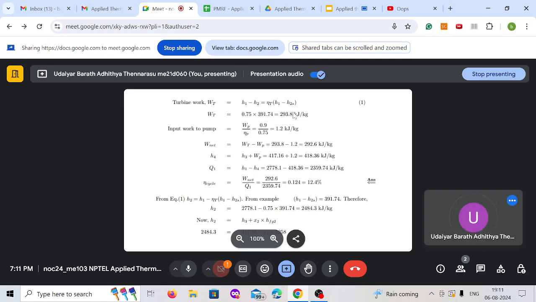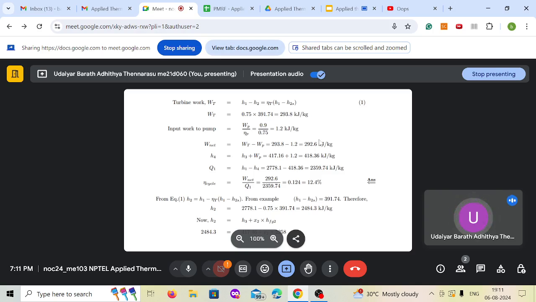So now we know the enthalpy at the boiler inlet, and the exit is the saturated vapor, so that enthalpy is known. So Q1 is H1 minus H4, which is 2778.1 minus 418.36. So this comes out to be a heat addition of 2359.74 kilojoule per kg.